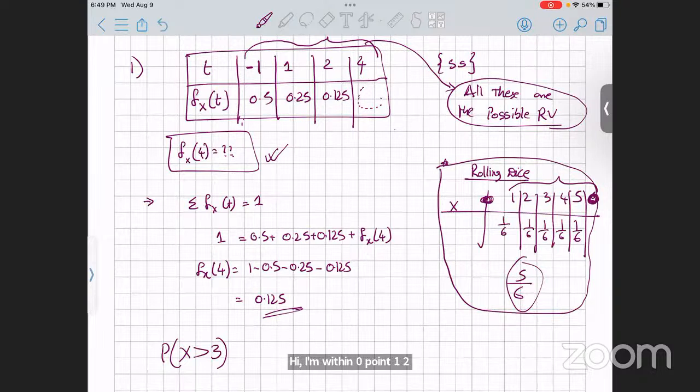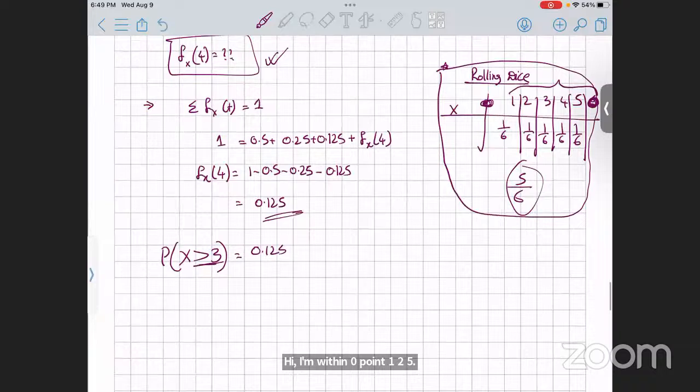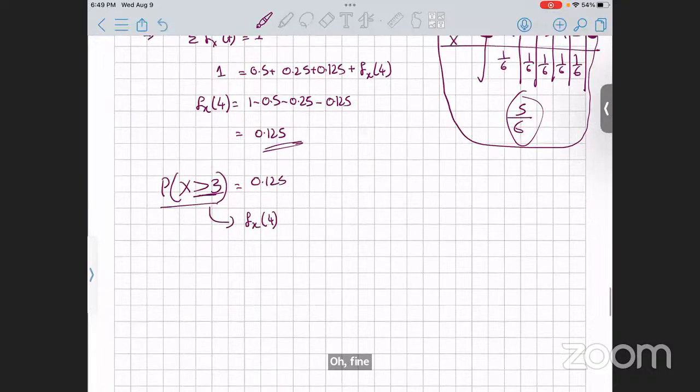What is the only value greater than 3? 4. So f of 4, which is 0.125. Now find this: the probability of x less than 3 by 2.